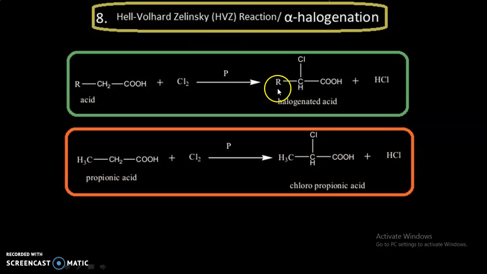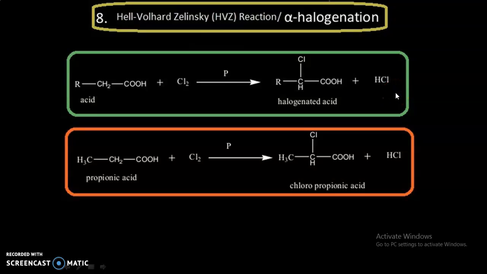Simply, when a carboxylic acid is treated with chlorine in the presence of phosphorus, a halogenated acid is formed by removal of one HCl molecule. That is, an alpha halogenated acid is formed.